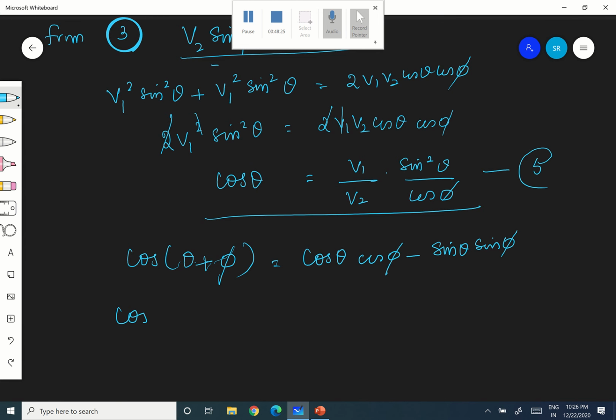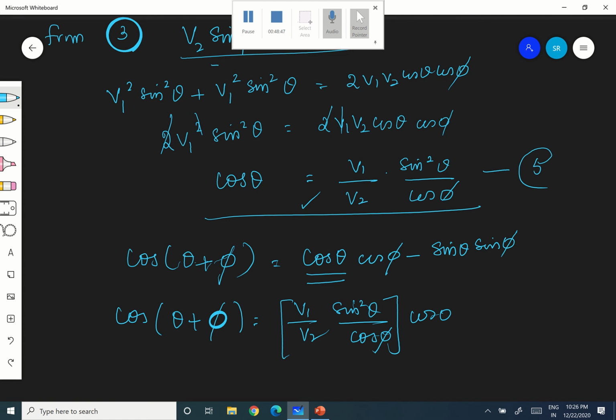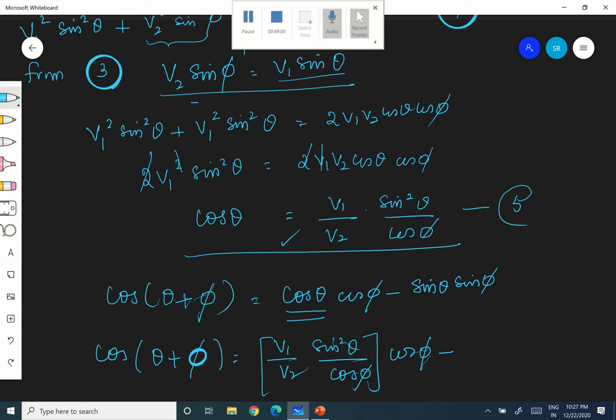Therefore, cos(theta plus phi) is equal to, in place of cos theta, you substitute here V1 by V2, cos theta, sin squared theta by cos phi, into cos phi minus sin theta sin phi.